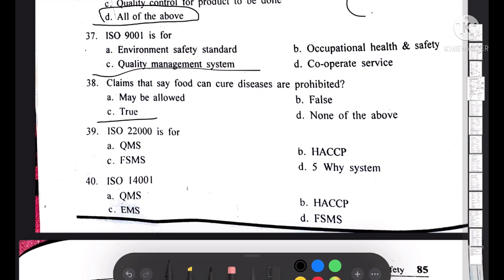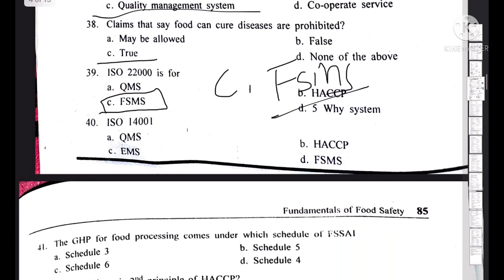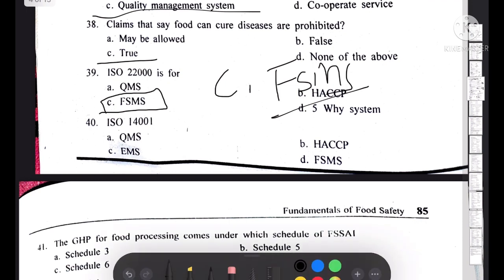Next, ISO 22000 is for QMS, HACCP, FSMS, or 5Y system. So ISO 22000 is for FSMS. C, FSMS. Next, ISO 14001 is for, okay, ISO 14001 is the international standard for environmental management system, EMS.